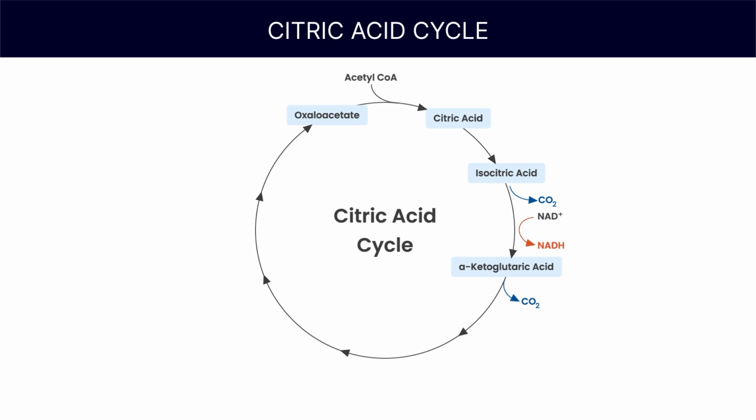During the second oxidation, a new high-energy bond is made with the sulfur of acetyl-CoA to produce succinyl-CoA, which contains enough energy to produce a molecule called GTP, or guanosine triphosphate, which has the equivalent amount of energy as an ATP.